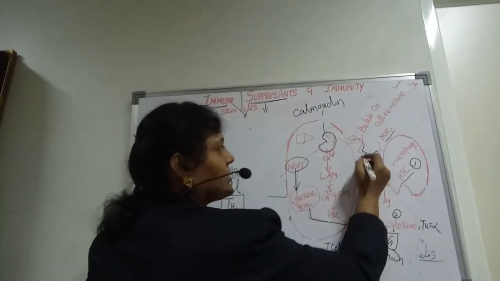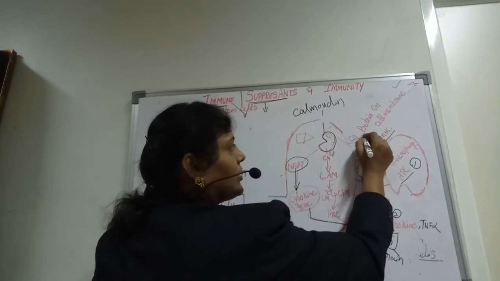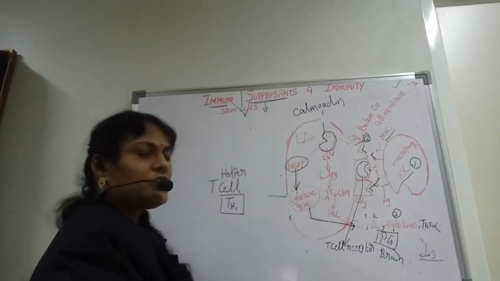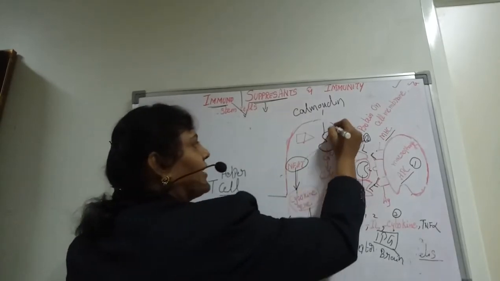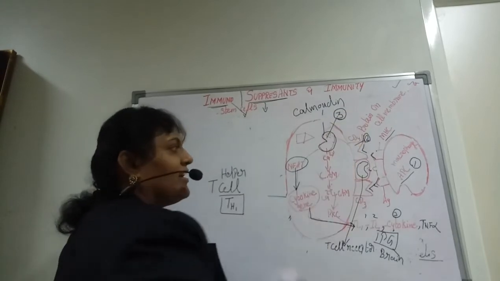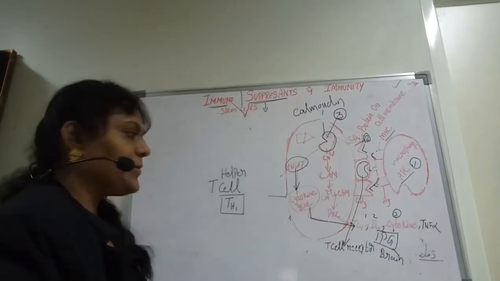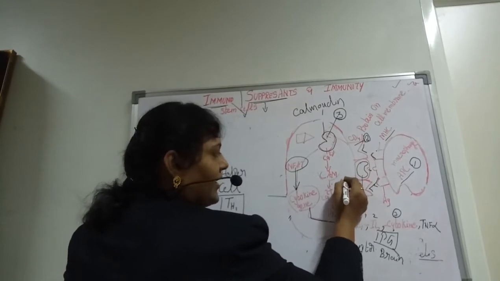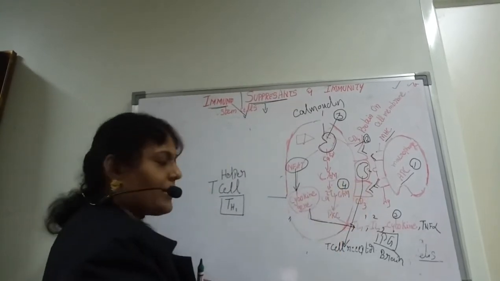The other one is CD4. This is the second factor, where we can act with some drug so that the recognition does not happen. Also we can inhibit over here, that means the calmodulin, so that the calcium and CAM will not be released. And also we can control this area where the differentiation of calcium and CAM is done.